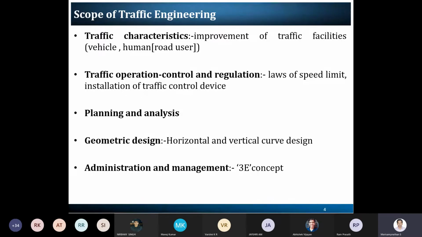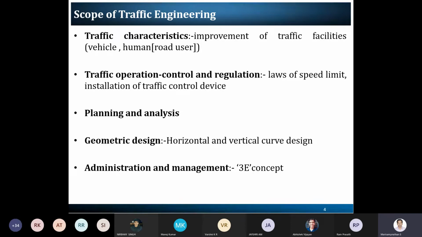The second will be operations, control and regulations. What speed limit we can provide, where to provide the speed breaker, where we can install signalized intersections or signboards, where we can apply intelligent transportation systems. All the traffic operations, control and regulation come under the scope of traffic engineering.